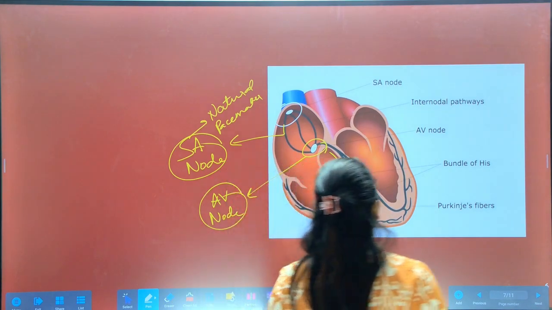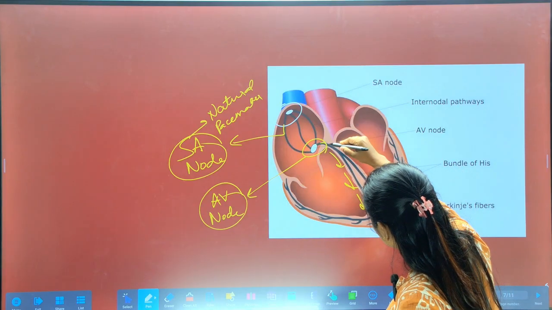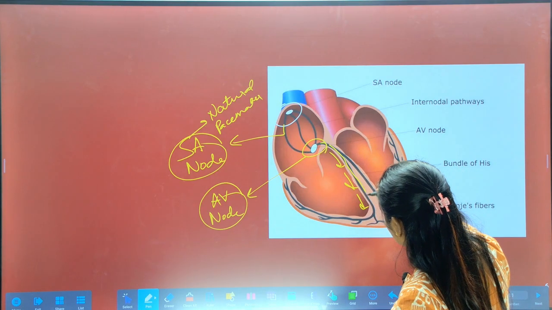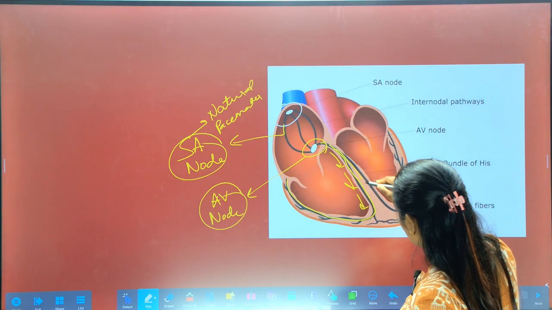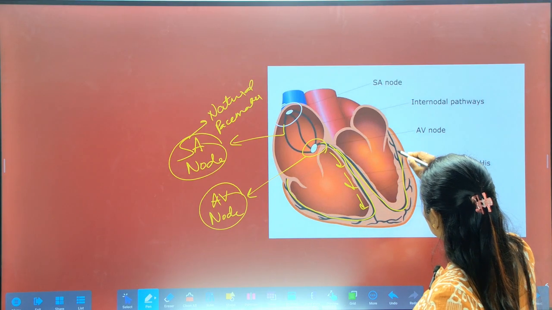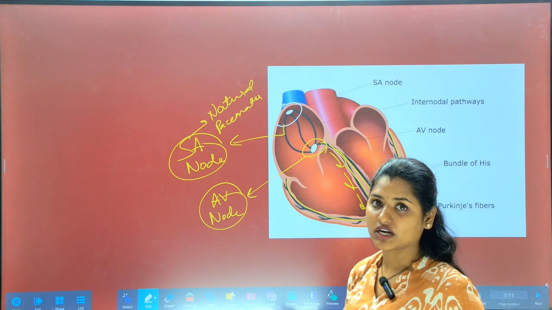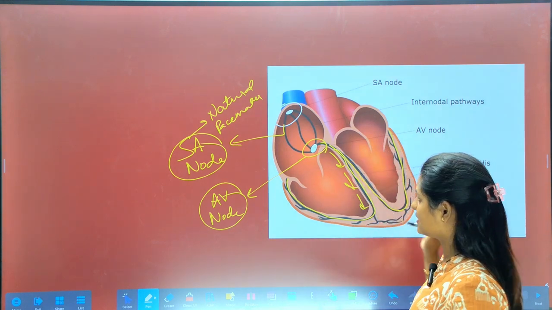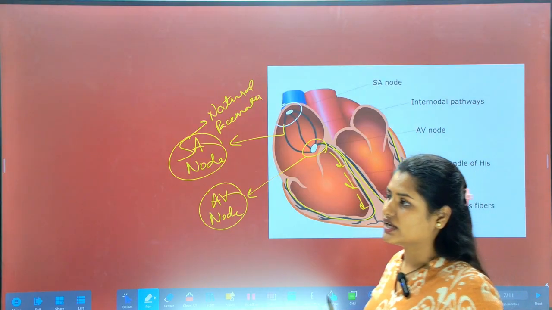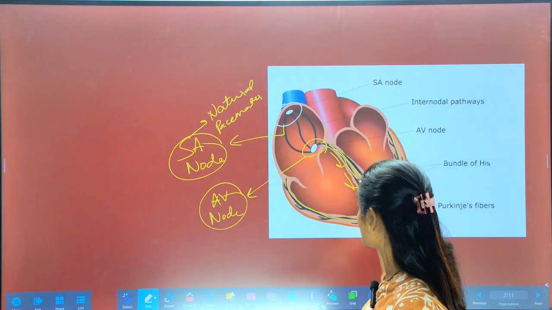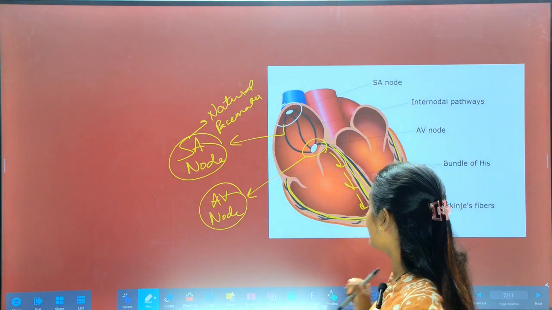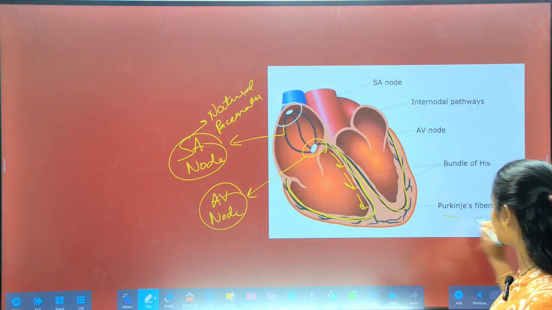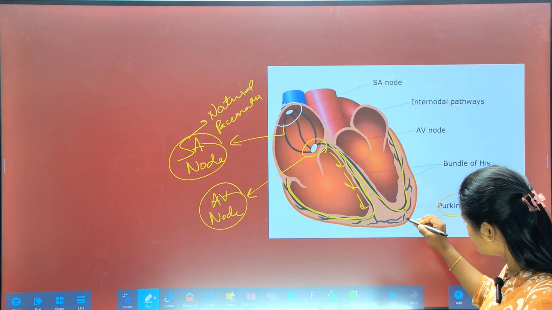Here you can see, right? This is the bundle of His. These two, this layer and this layer, are called the bundle of His. What will the bundle of His do? It will give electrical impulses to the ventricle from the outside. And now we have Purkinje fibers, which are situated here.